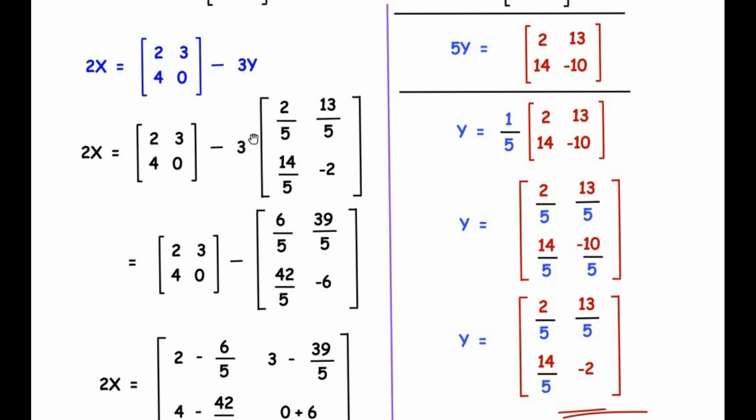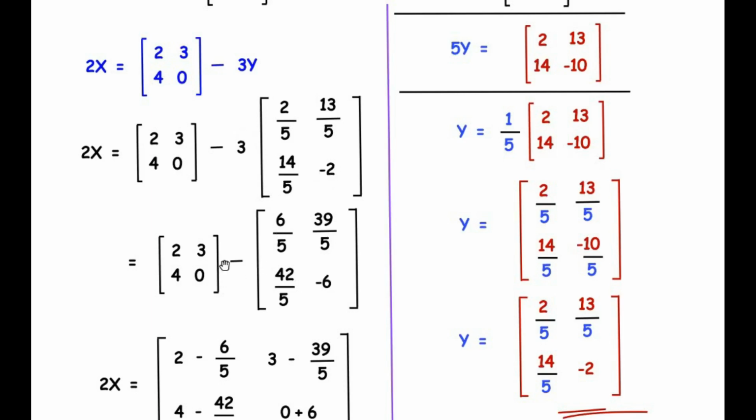Now in the next step we are going to multiply 3 with all the elements of this matrix. So the first matrix remains the same, minus 3 times 2 is 6 over 5, 3 times 13 is 39 over 5, 3 times 14 is 42 over 5 and 3 times minus 2 is minus 6.